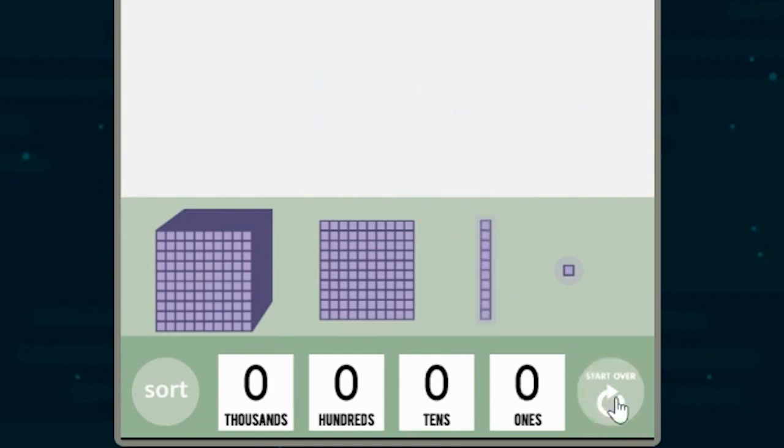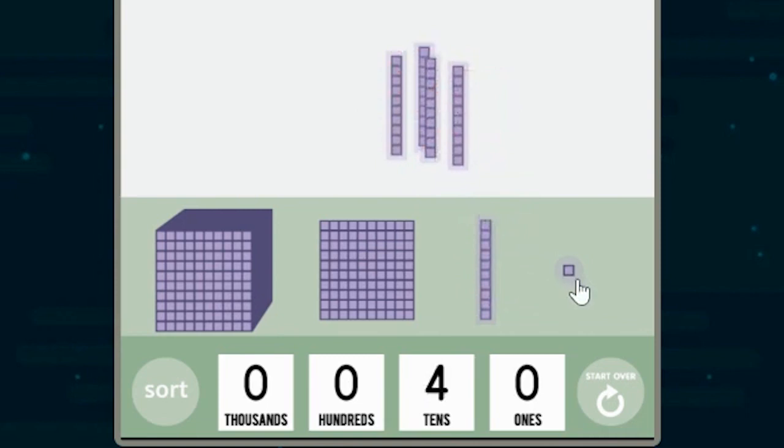Let's start with a different number. I'm going to start with 10, 20, 30, 40, 1, 2, 3, 4. 44. So we're starting with the number 44. Now let's count forwards by the decade.